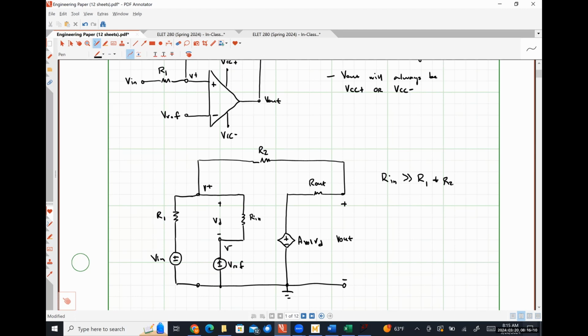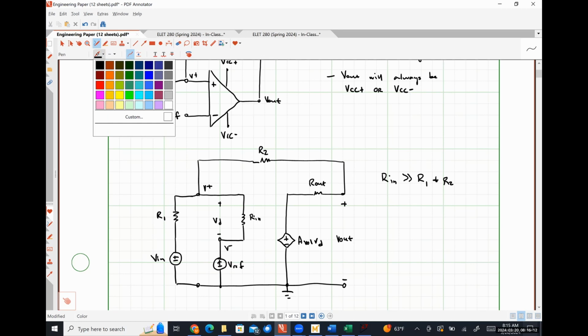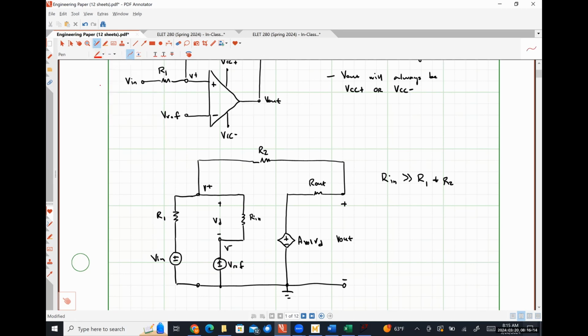Okay, so let's think about things really quickly. There's going to be some current that's flowing through this resistor R1, right? Where we're assuming that Vn is a non-zero voltage. The current is flowing into the non-inverting input node of the op amp, okay?